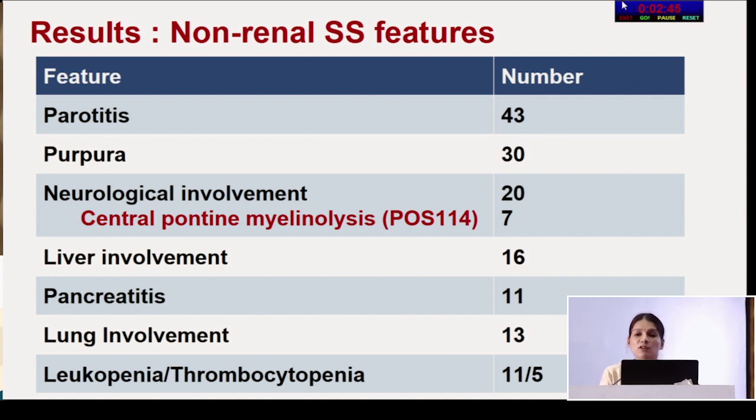Central pontine myelinolysis or osmotic demyelination syndrome was overrepresented, and it is not described in literature as a characteristic feature of either Sjogren's or renal tubular acidosis. Along with Japanese co-authors, we have written a paper on this, and the abstract is submitted at Iracon. It is poster number 114 for those who are interested.